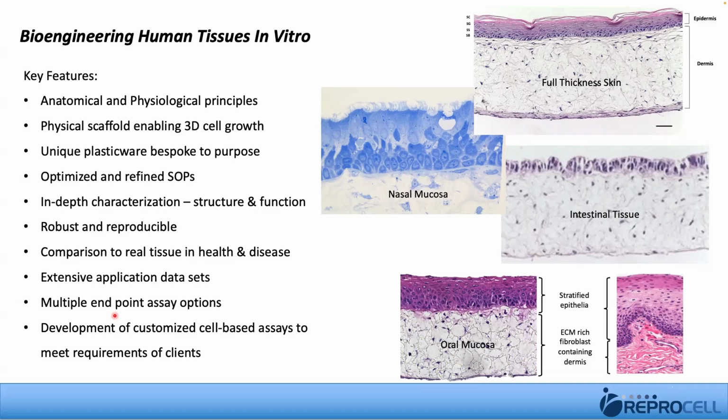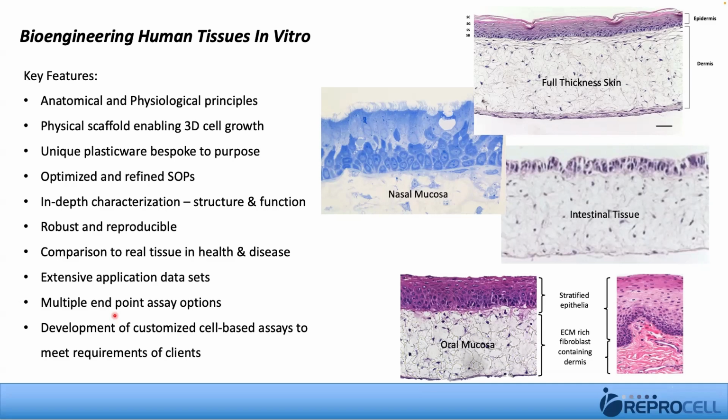So what we have on the right here are examples of tissue models that we have constructed using the technology I'm going to introduce to you. They follow anatomical and physiological principles in that their structure is related to their function. They are grown on a physical scaffold support, which I will mention shortly.